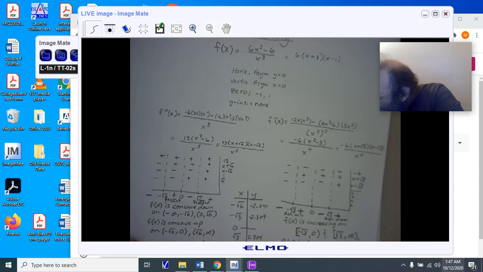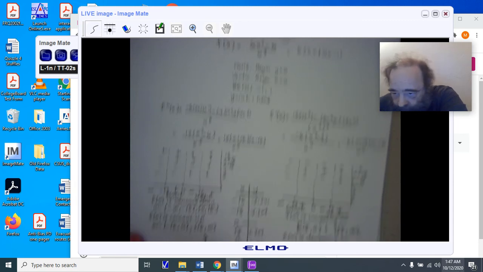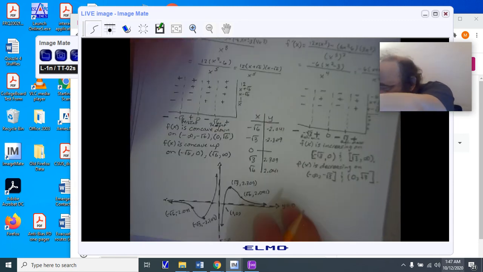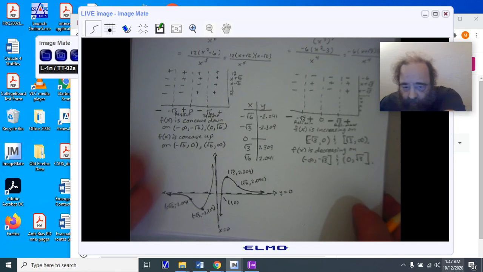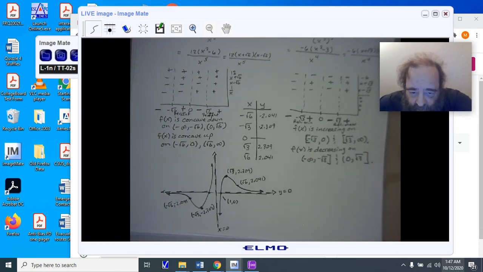This is -√3, -2.309. And this is -√6, -2.041. And all I've done is started plotting everything, putting it onto the graph, and trying my best to draw it.